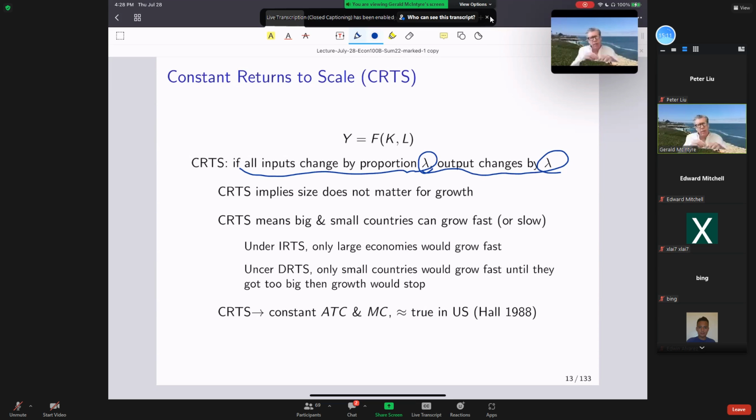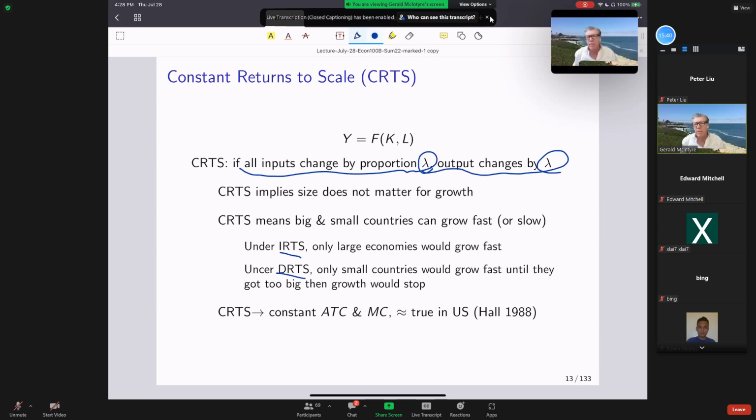If you pick one of the other returns to scale, increasing returns to scale, for instance, then only large countries can grow fast, and you've kind of biased your model to get that result right out of the blocks as soon as you start. Likewise, if you have decreasing returns to scale, only small countries can grow fast. But then, of course, they get big, since they're growing fast, and then they slow down and stop. And that doesn't make any sense either. Constant returns to scale is right in the middle.